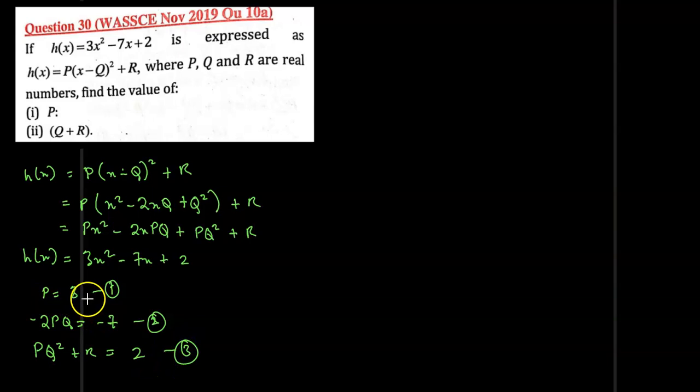So since we know the p-value, we can substitute the p-value into equation 2 to get q-value. So substitute p into equation 2. So we'll have negative 2 into brackets 3, then times q should be equal to negative 7. That will give me negative 6q should be equal to negative 7.